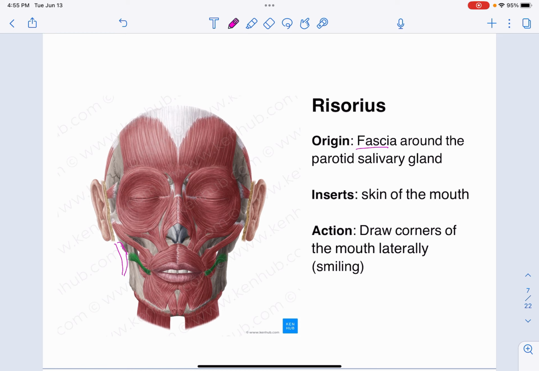So that's where the risorius muscle originates. And then it inserts here into the skin at the corner of the mouth. So the action is to draw the corners of the mouth laterally. So if that muscle contracted, it would pull the mouth laterally. And that would also create a smile.